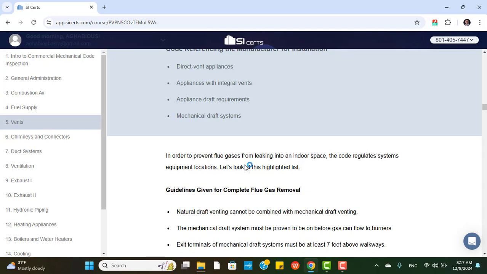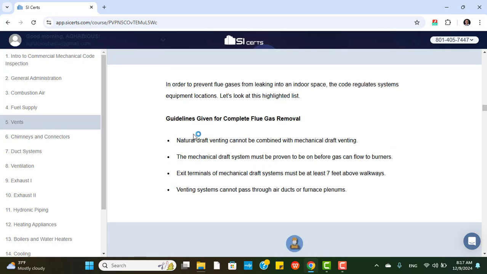In order to prevent flue gases from leaking into an indoor space, the code regulates system and equipment location. Let's look at this highlighted list of guidelines for complete flue gas removal. Natural draft venting cannot be combined with mechanical draft venting.